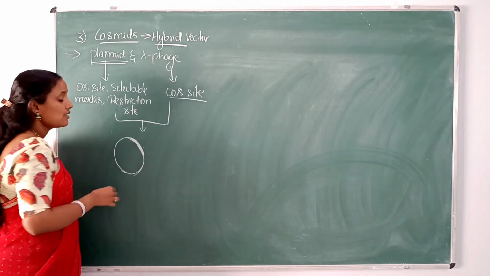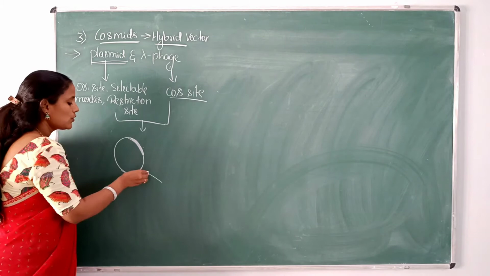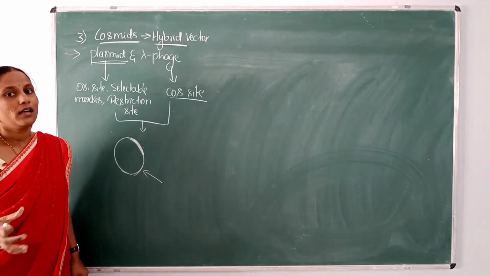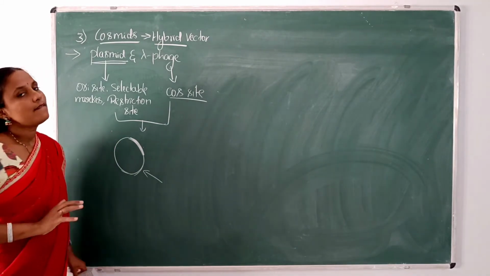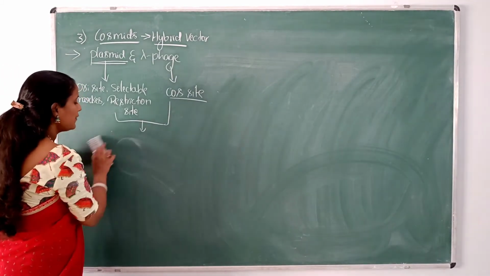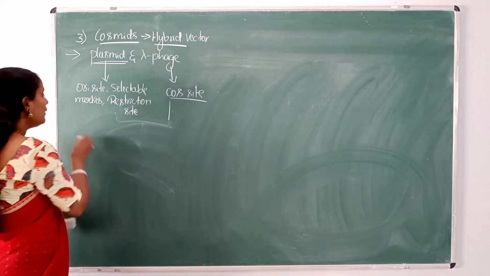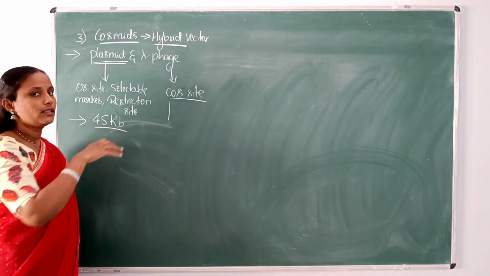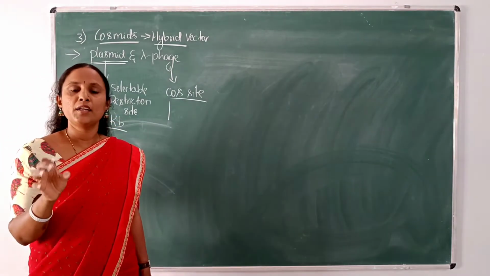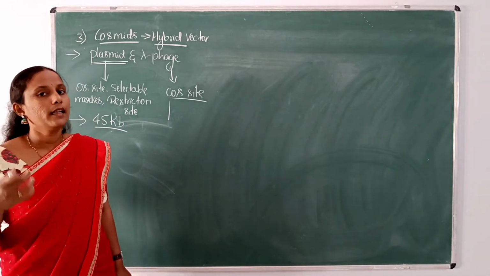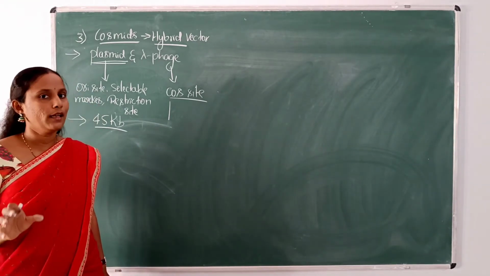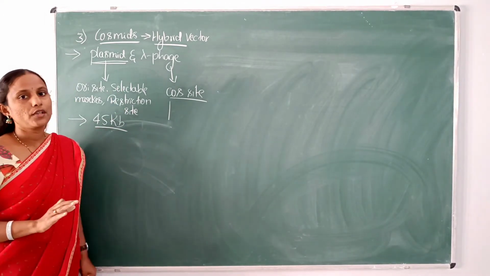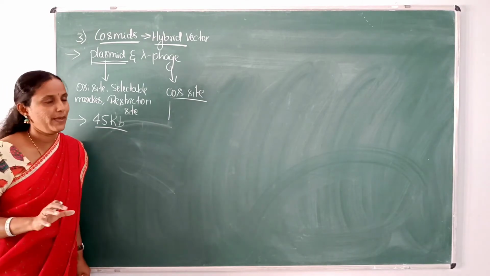Wherever the selectable markers and the restriction sites are present, there we can transfer the gene of our interest, and it can be transferred into the bacterial cells. This vector can clone DNA of about 45 kilobase pairs. We discussed previously that plasmids and bacteriophages can clone DNA of length less than 10 kilobase pairs. So just look at the efficiency of this. It can clone about 45 kilobase pairs.